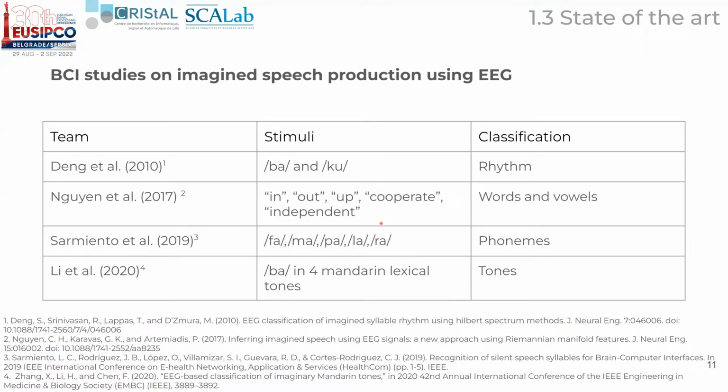More specifically, Deng and colleagues classified the rhythm of 2 different syllables. Nguyen and colleagues classified words and vowels. Sarmiento and colleagues classified different Spanish phonemes. And Lee and colleagues classified 4 different Mandarin lexical tones.